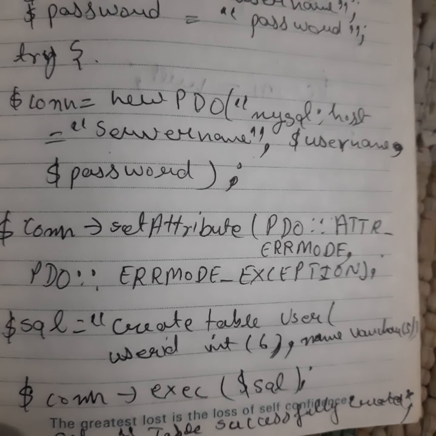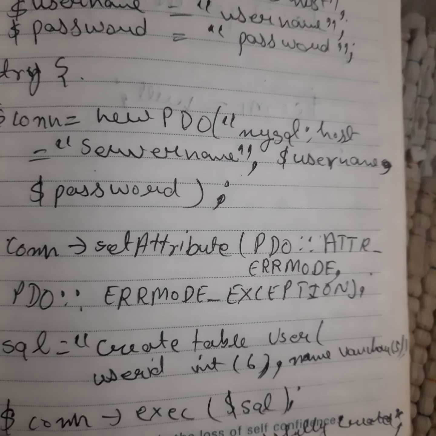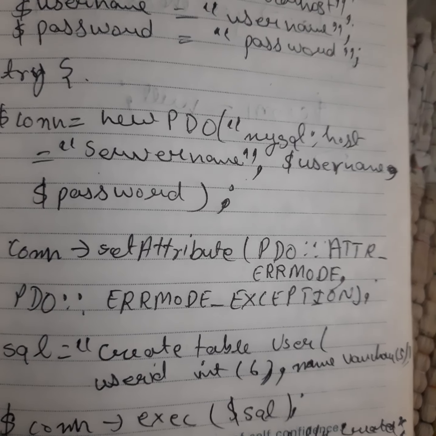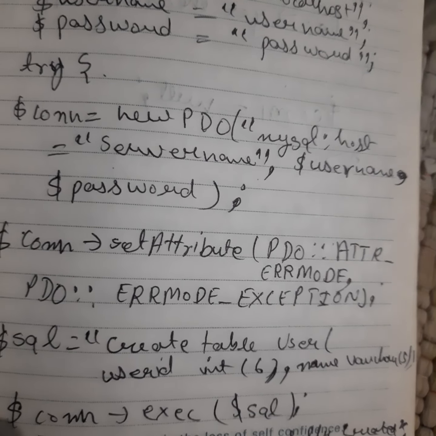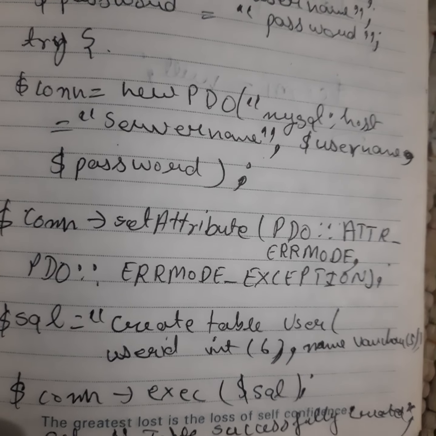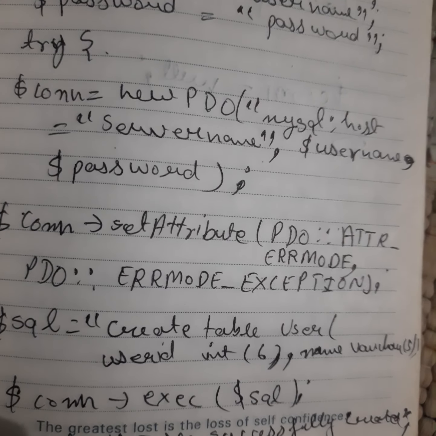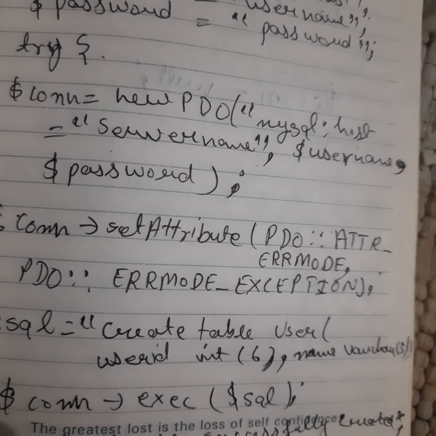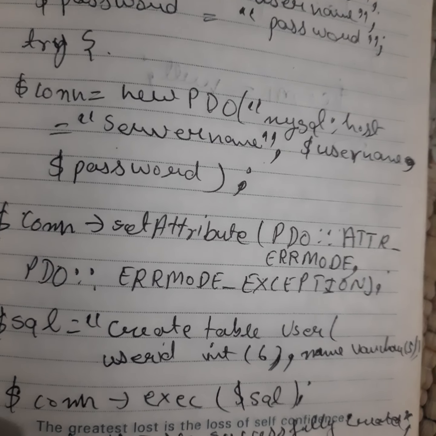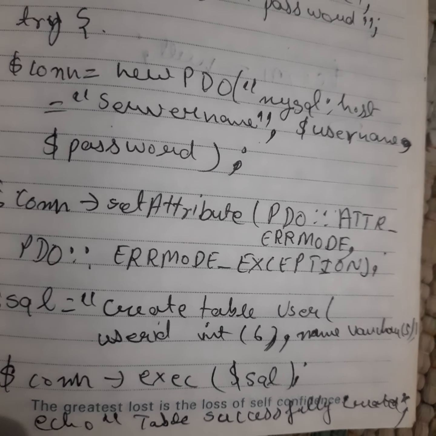I place the query for table creation: create table. We created a users table, with user ID int 6 and varchar 5. Then we execute that variable. The command to execute is exec, with $sql in brackets, then echo table successfully created.